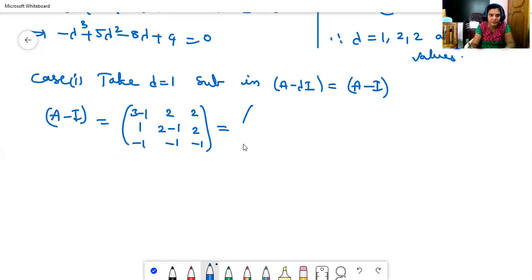It is equal to 2, 2, 2, 1, 1, 2, minus 1, minus 1, minus 1. It is A minus lambda I.